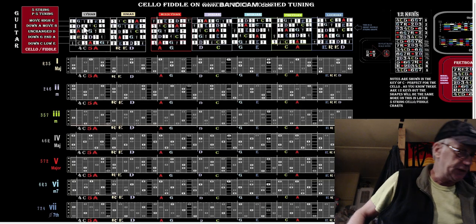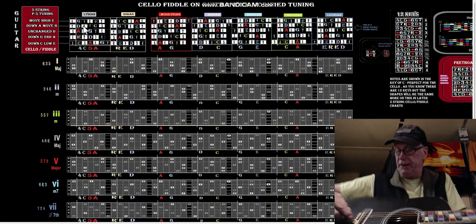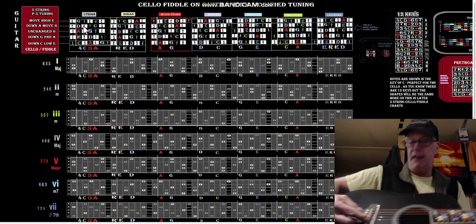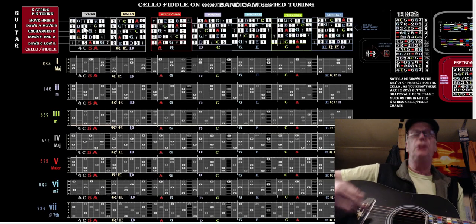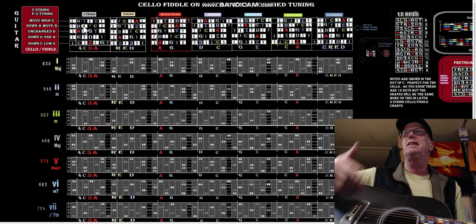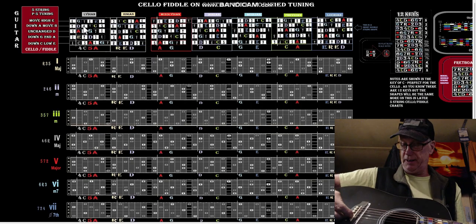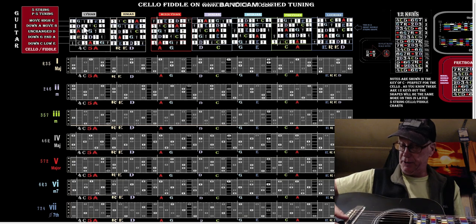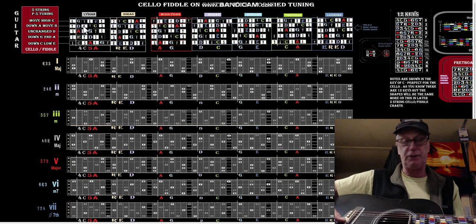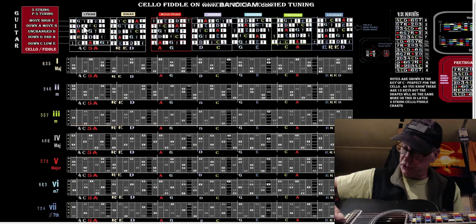Like I say, in this case, I had a raised nut on the B string. It looked like a tooth sticking out. I don't know why they wanted the B string that high on this particular bridge. So I had to shave that down.